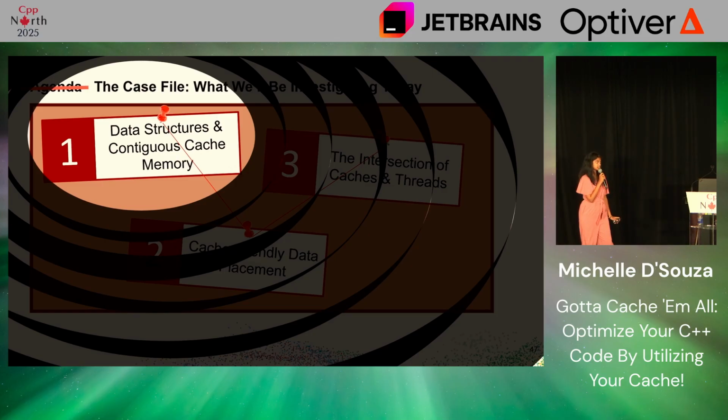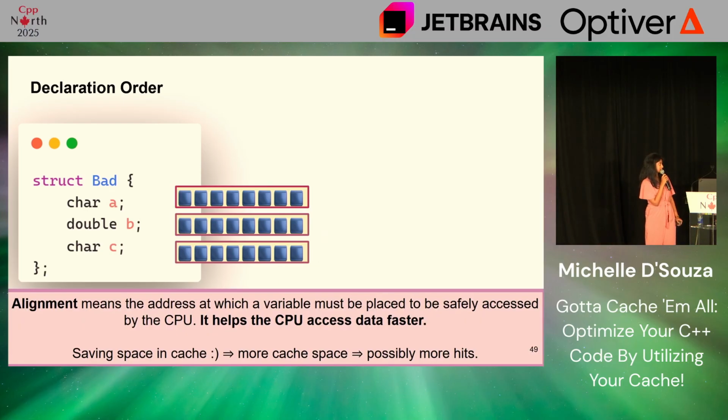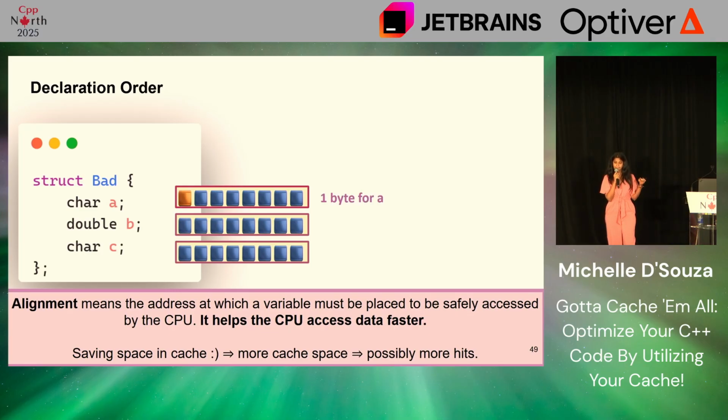OK, so we've covered data structures and contiguous memory. Time to switch over to cache-friendly data placement. All right, so we have something like this. This is a struct with a few elements in it. So we have a character, A, which takes up 1 byte in this architecture. And then we have a double B. And because the alignment of a double is 8 bytes in this architecture, it can only essentially start at every 8th byte.